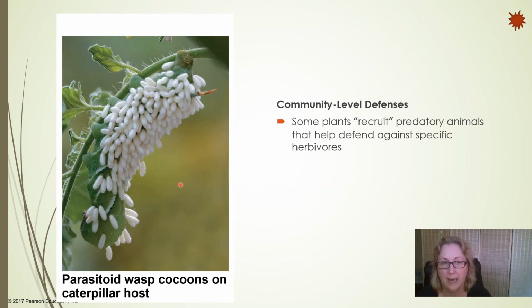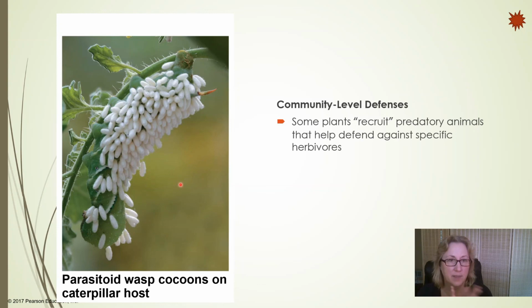So the wasp comes and lays eggs on the caterpillar. The little wasp larvae crawl inside the caterpillar and slowly eat its insides. And then when they're ready to mature, they crawl to the outside and spin a little cocoon, because they have a larval stage and an adult stage too.